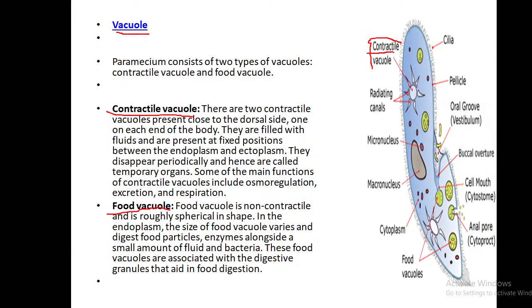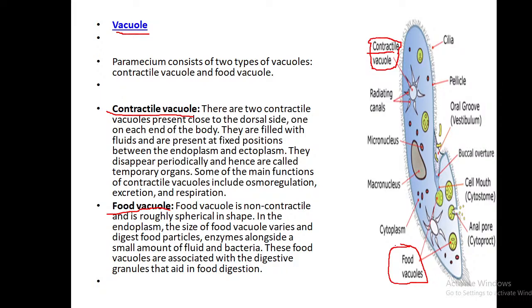This is the contractile vacuole and this is the food vacuole. The contractile vacuoles are larger when compared to the food vacuoles, so there is a difference in size too.